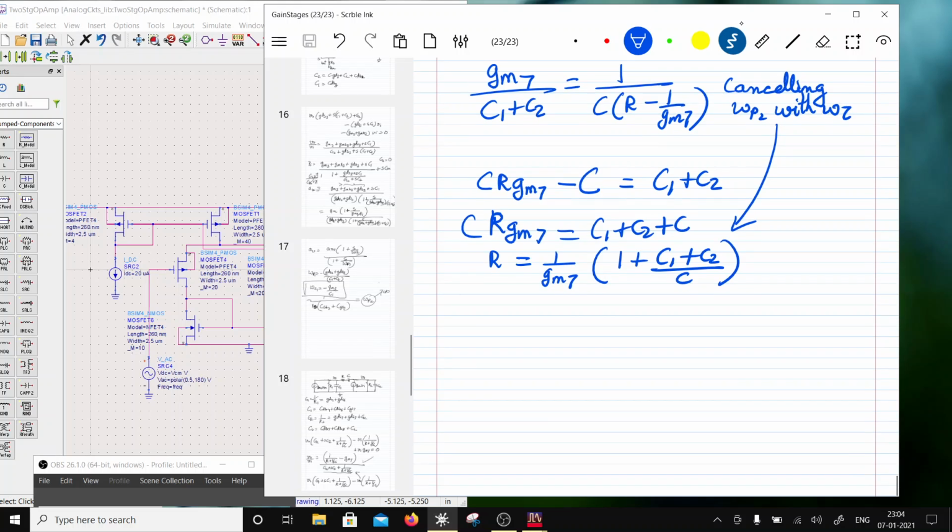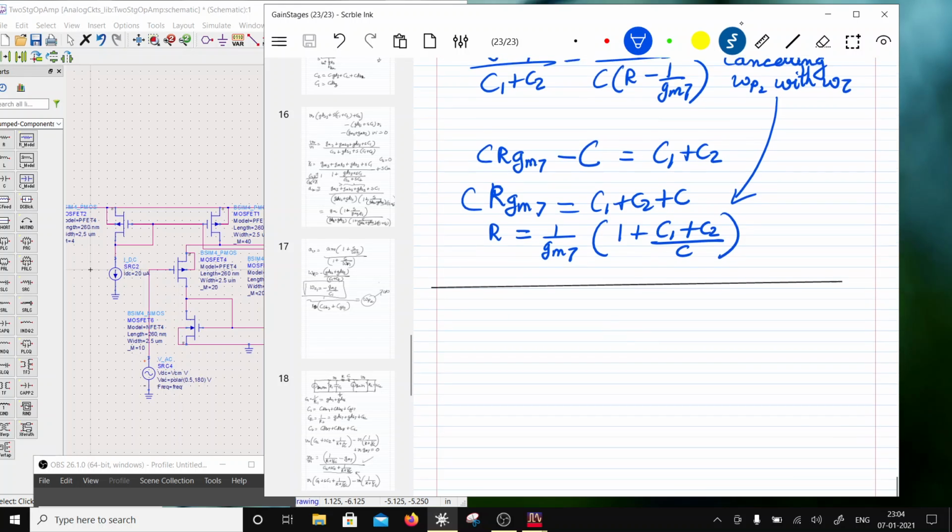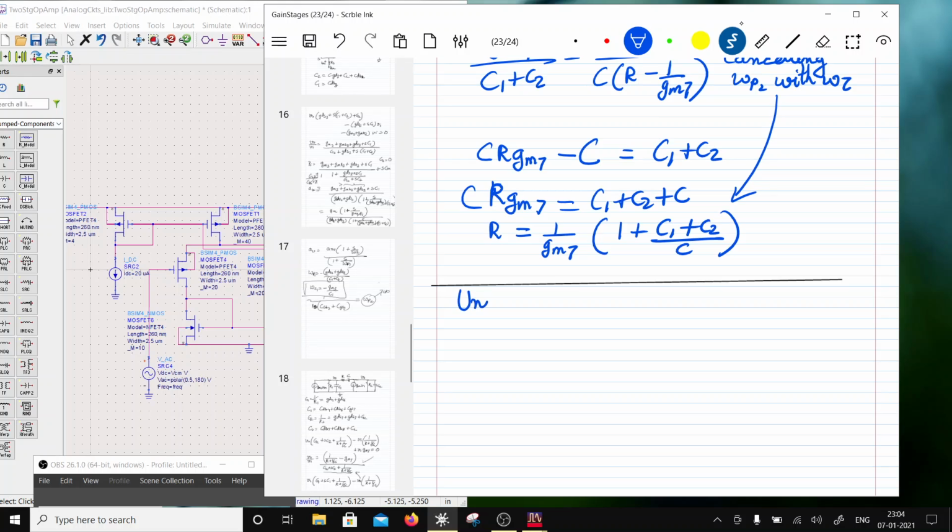Now let's consider some more things. One of the things is the unity gain bandwidth of an op-amp, or UGB.